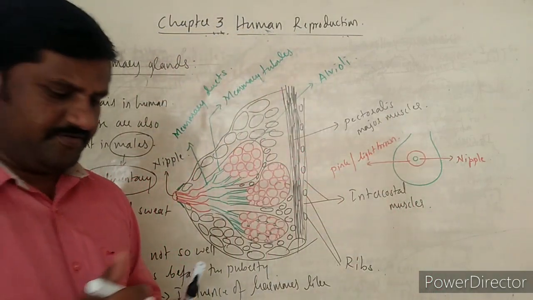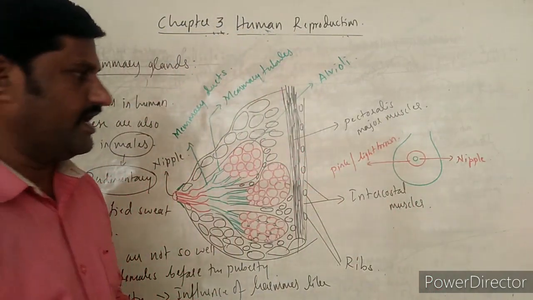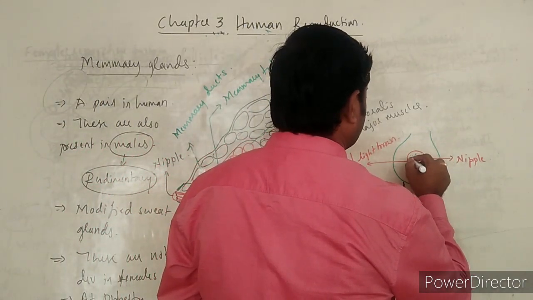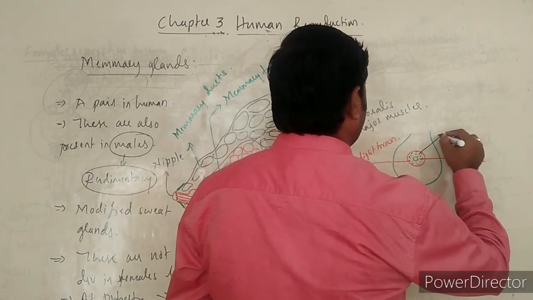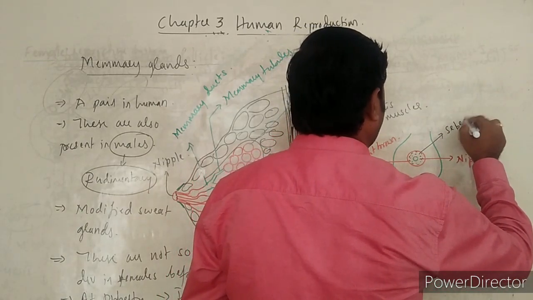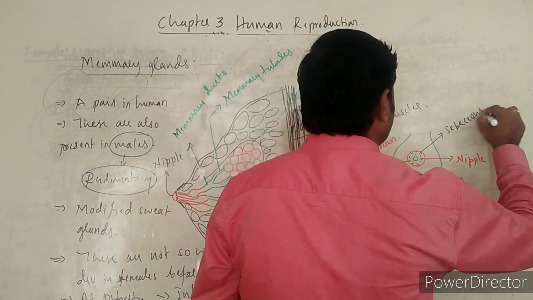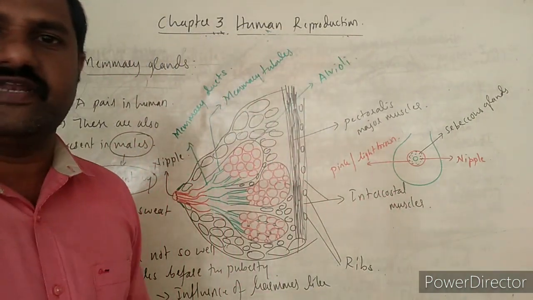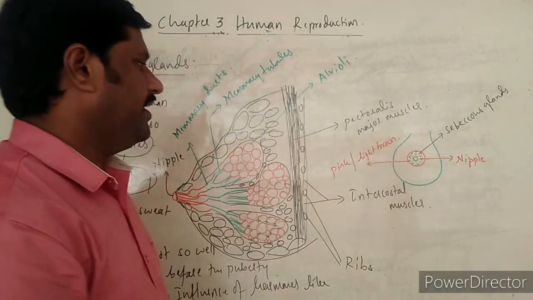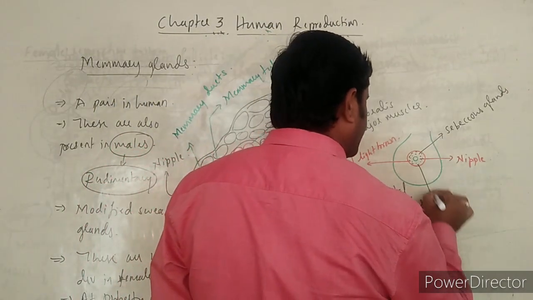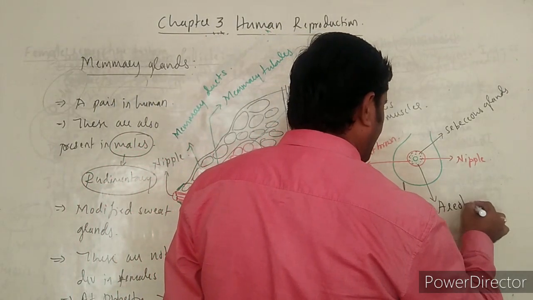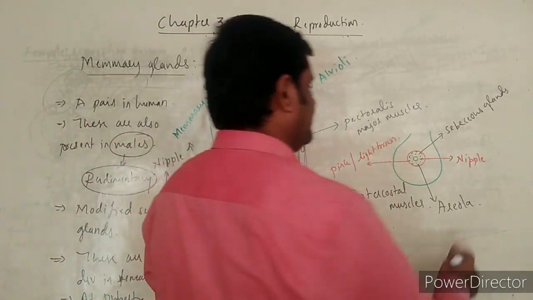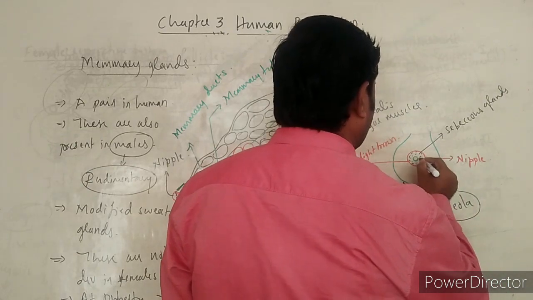This pigmented area is provided with many sebaceous glands, okay? And this pigmented area itself is called the areola. What is it known as? Areola.